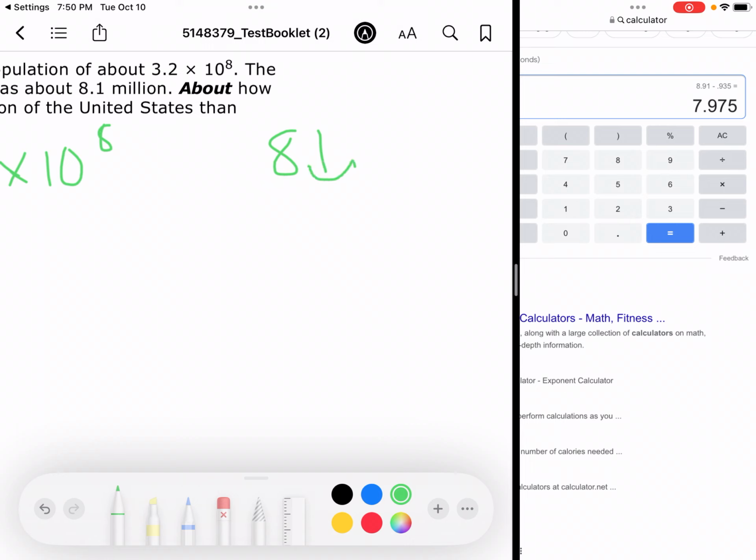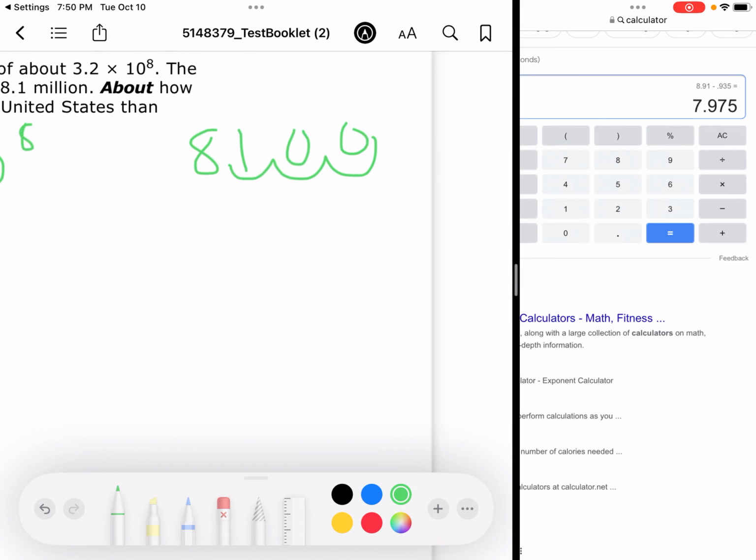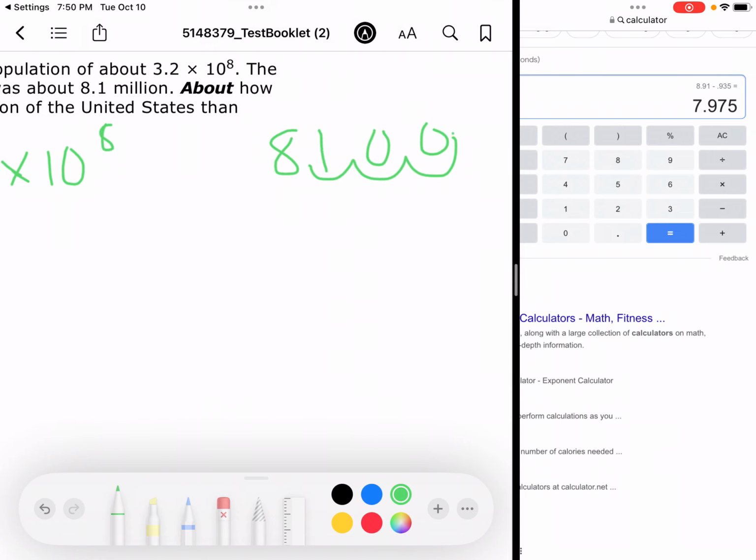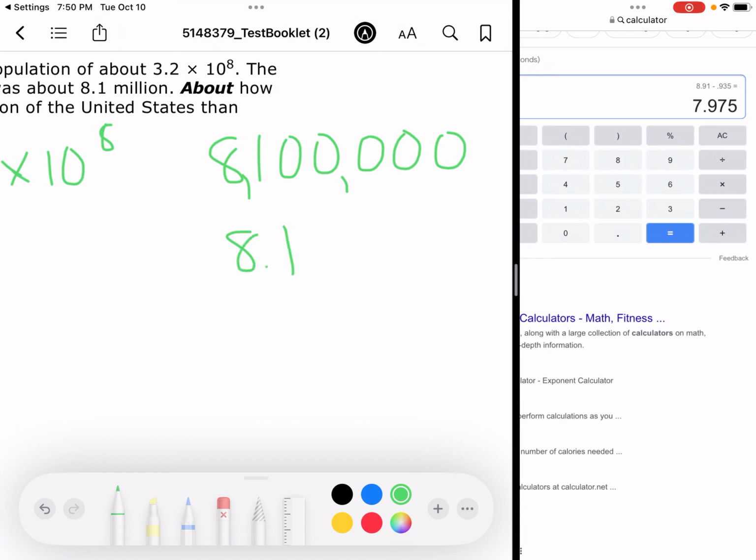That's 8,100,000. So that's 8.1 times 1, 2, 3, 4, 5, 6.